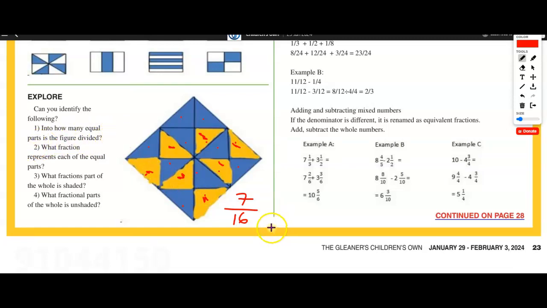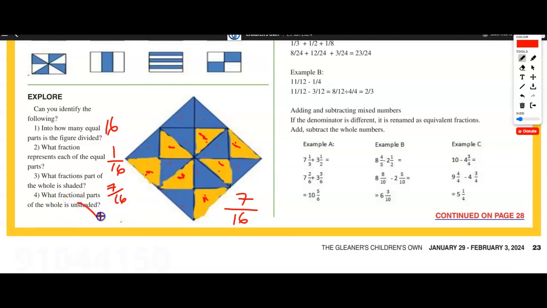Okay, how many parts is the whole divided into? 16. What fraction represents each of the equal parts? That would be 1/16. Then what part of the whole is shaded? This would be 7/16.